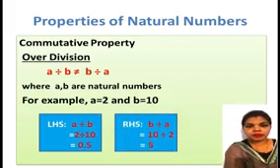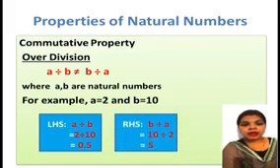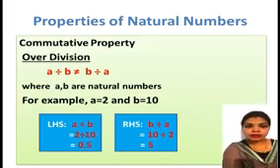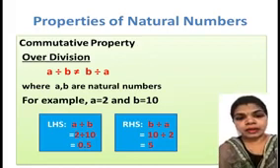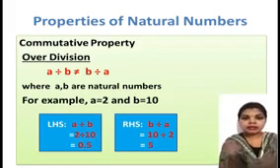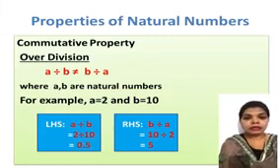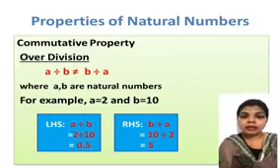In RHS we have b divided by a, which is equal to 10 divided by 2, which is equal to 5. So here we can see that LHS and RHS have different values, they are not equal. So commutative property does not apply over the division of natural numbers.